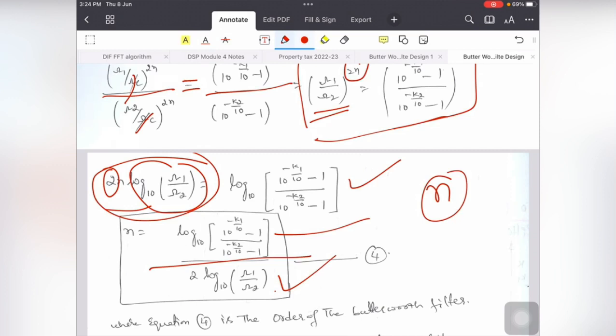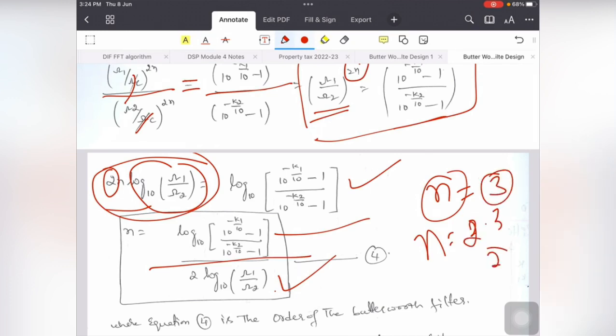One thing you can keep in mind: n is not always an integer value. Whenever n is not an integer, you can always choose the higher value for the design of the low pass filter. Suppose you get n is equal to 2.3, you can choose n is equal to 3.